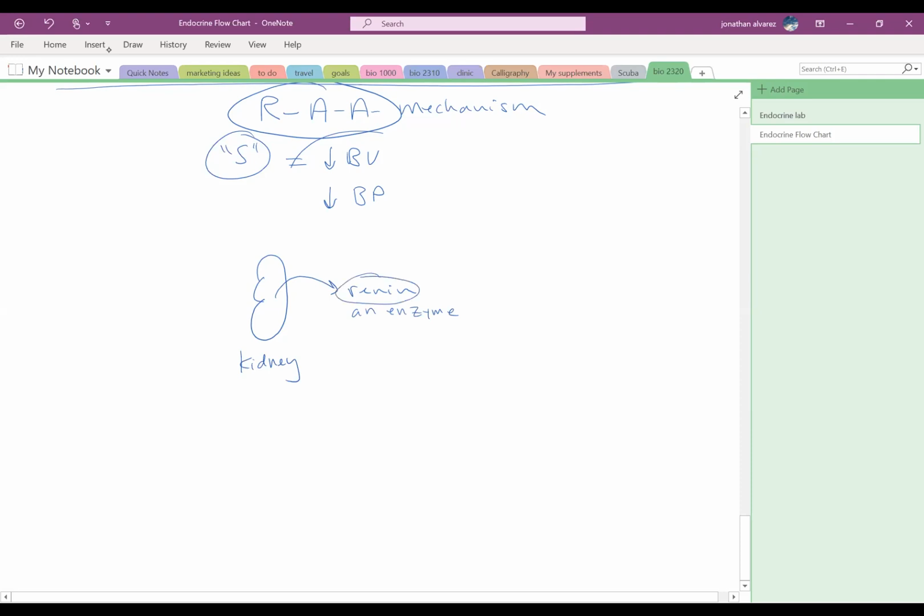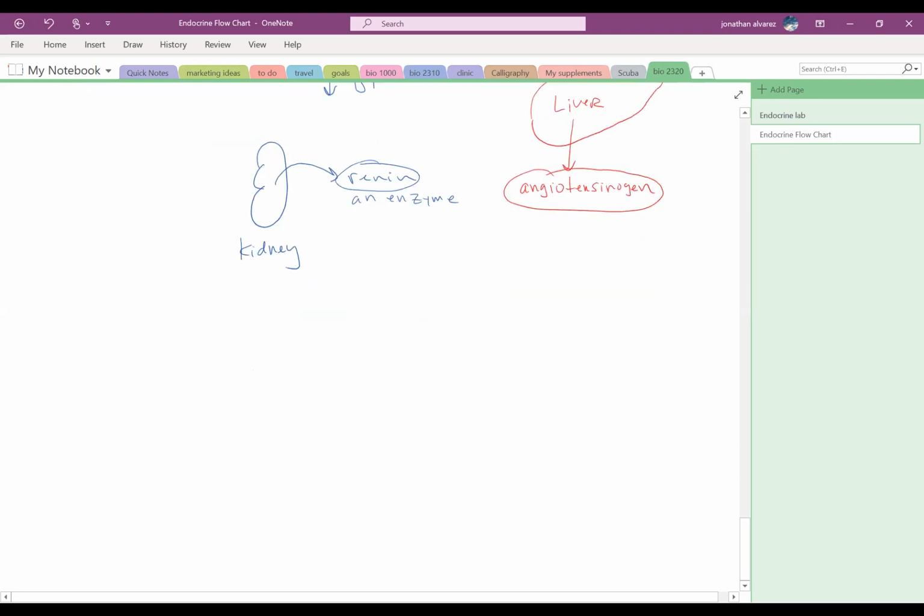Okay, now over here on the right side, we have the liver. It makes and releases angiotensinogen.